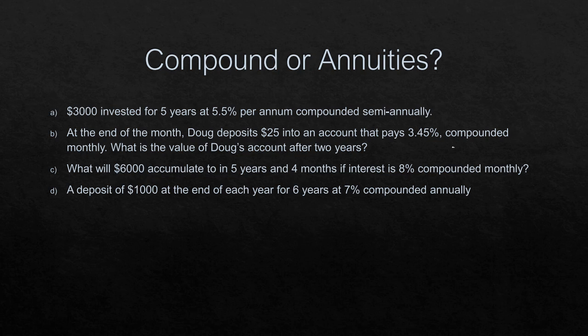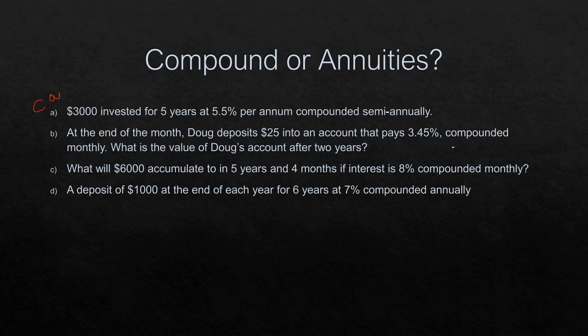So it's still kind of tricky in the wording of some of these questions, but sorry, I'm trying to change the color of my pen here to red. But we have $3,000 and it's invested for 5 years. So we're not saying $3,000 per year or at the end of the year or anything like that. It's just $3,000 flat and it's invested for 5 years. So that means that this is a compound interest question.